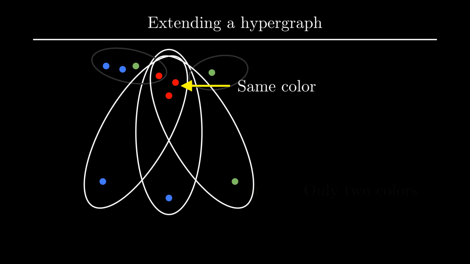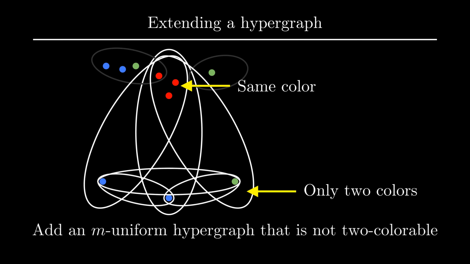Let's say that this color is red, then none of the new vertices can be colored with red. This means that we only use two colors for the new vertices. So if we also add some new edges on the new vertices that form an M-uniform non-two-colorable hypergraph, then we will get a hypergraph that is not three-colorable.